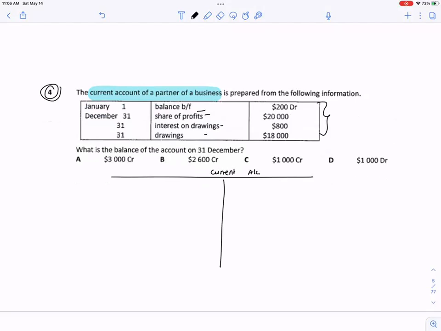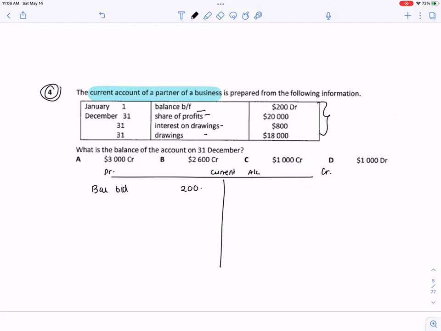Ahmed, you can be a part of the discussion. Balance b/f, brought forward, brought down, same. Which side? Debit side, 200. Then share of profit. Is it same as net divisible profit?